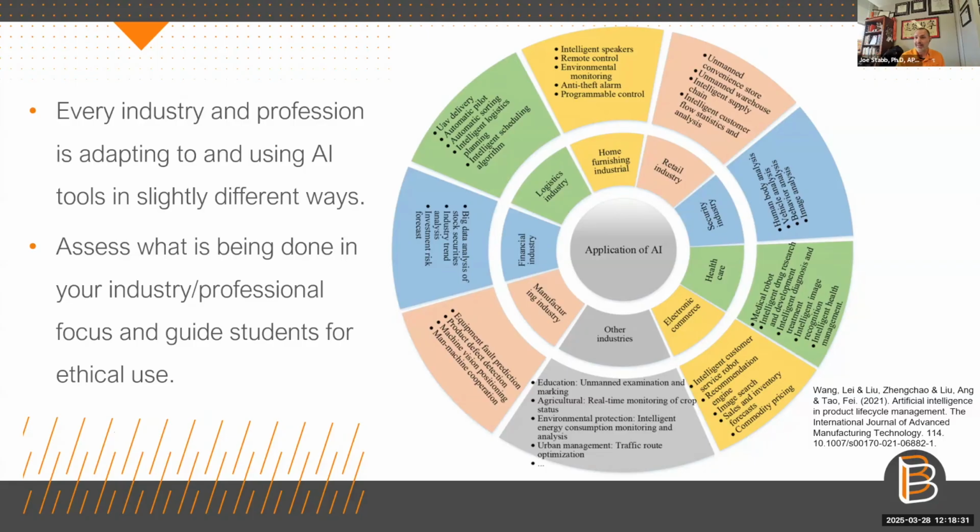Every area that I talk to is having some sort of different way, different tools they're using, whether it's acceptable to use, not acceptable to use, how we do that ethically. So I would start by looking at your field of expertise and what is that expectation of graduates when they get out into the field, whether it's an undergraduate or a graduate student.